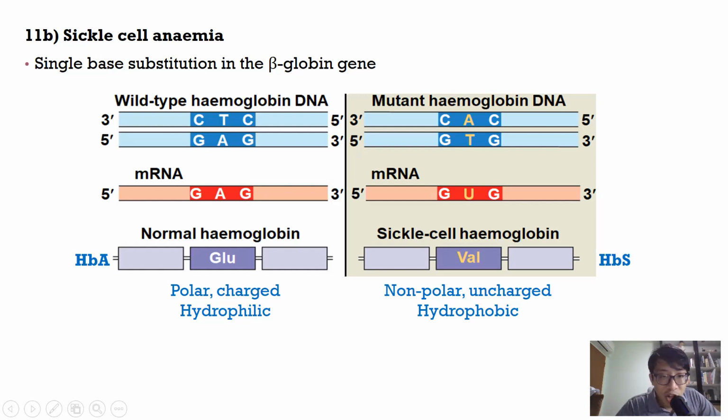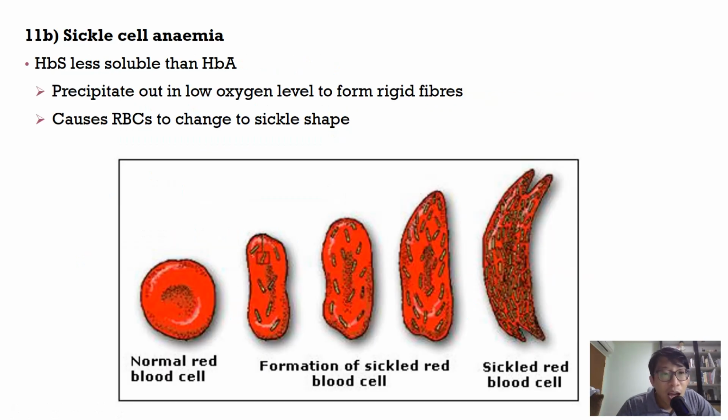Right, so this change in the amino acid sequence of the beta globin would affect the property of the overall hemoglobin. So the hemoglobin is slightly less soluble because of a change to a hydrophobic amino acid, and when there is low oxygen level, when the hemoglobin is not carrying oxygen, it will actually precipitate out of solution in the cytoplasm of the red blood cell, and once it precipitates, it will clump together to form rigid fibers.